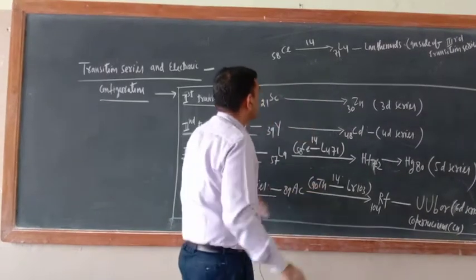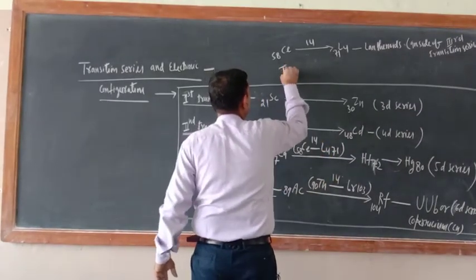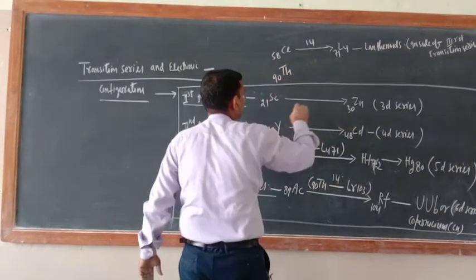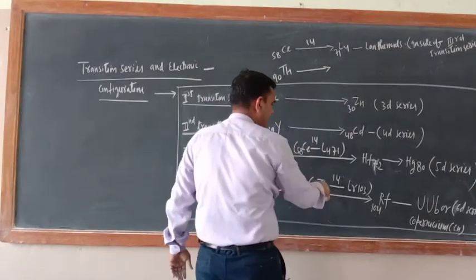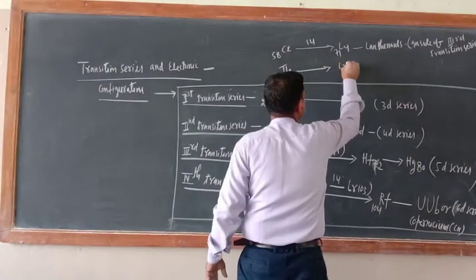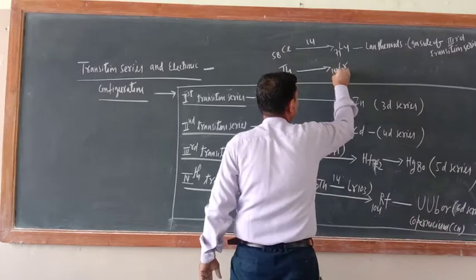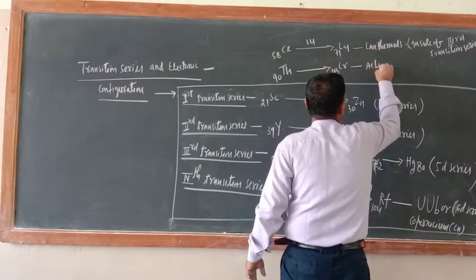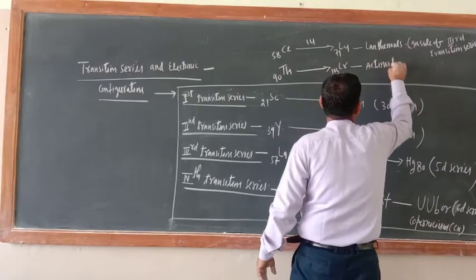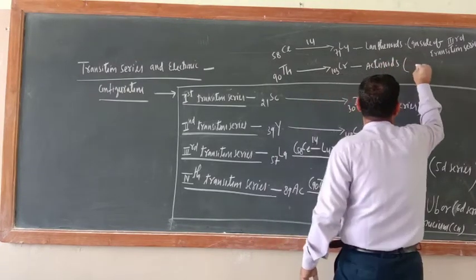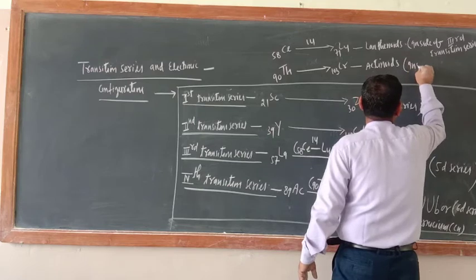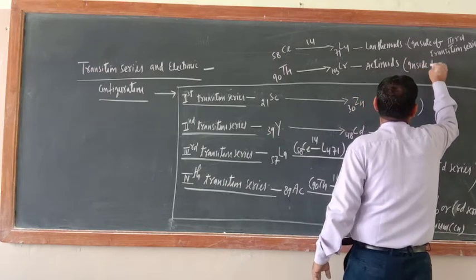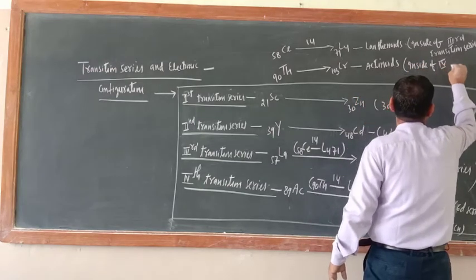Now just see, these elements, thorium 90 to lawrencium 103, are known as actinoids. And they are found inside of the fourth transition series.